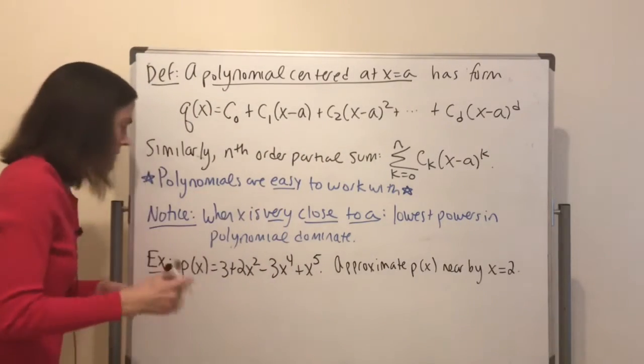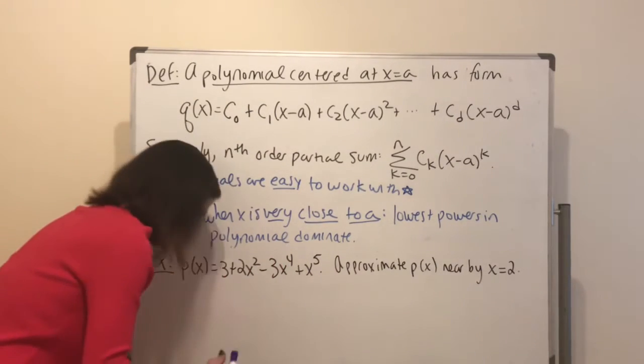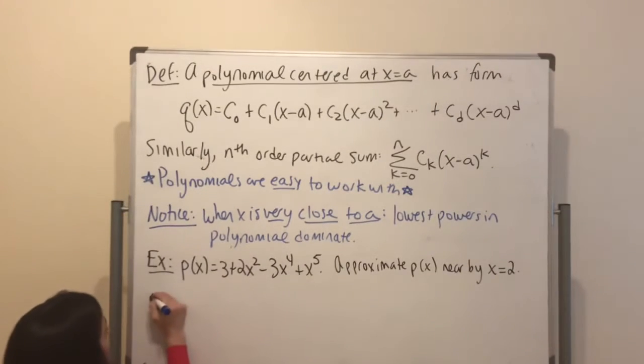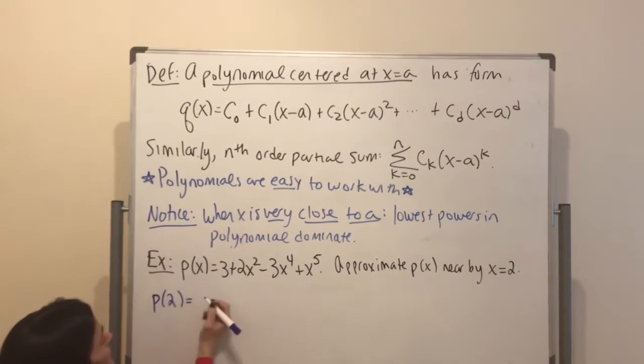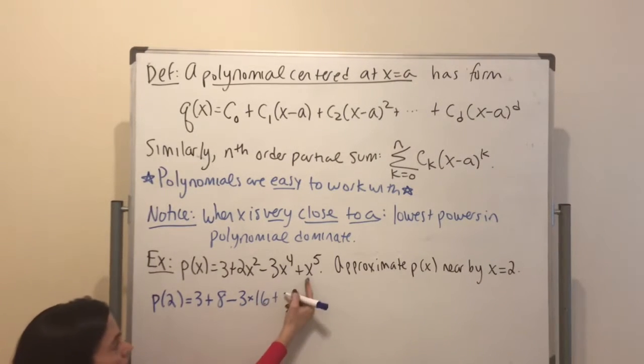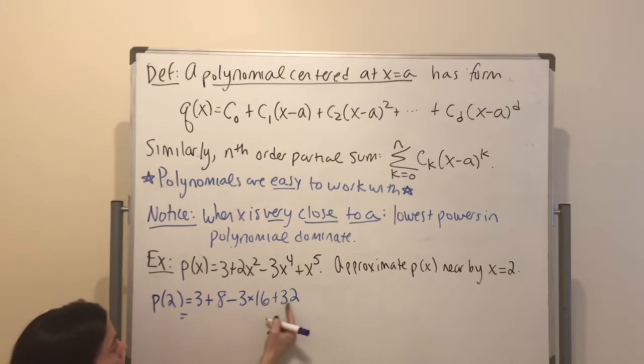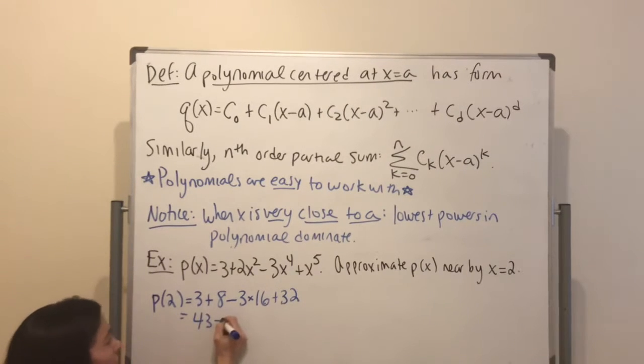Well, okay, maybe we'll compute the function value anyway, so one idea, just evaluate the function, although I'm going to do something else. P of 2. Well, this is 3 plus, this is going to be 4 times 2 minus 3 times 16, and then plus 2 to the 5th, 32. So if we have 11 and 32, 43 minus, this is 32 and 16 gives me 48, negative 5.